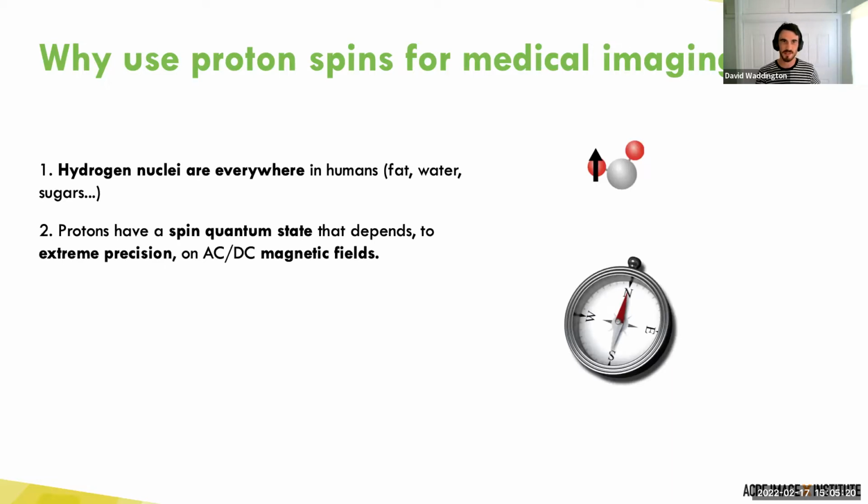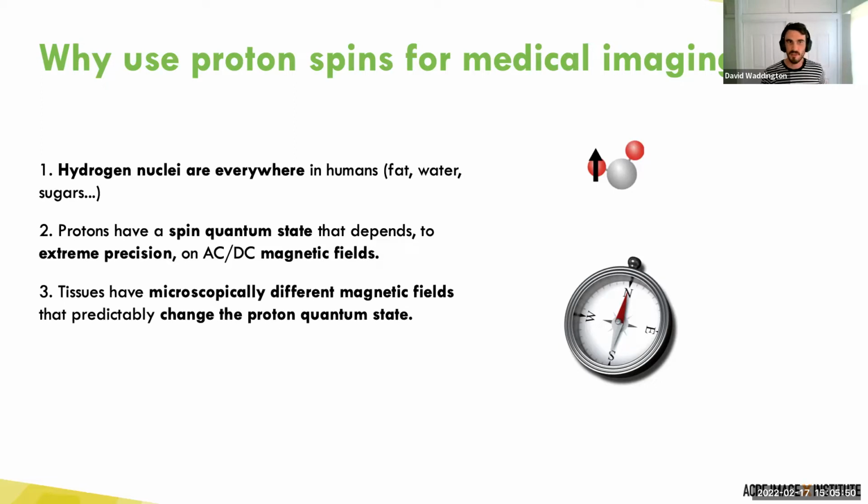Now the big thing is that they have what we're going to call a spin quantum state that depends to an extreme precision on whatever magnetic fields your body is exposed to. So for the purposes of this talk, I want you to think of all these nuclei as just little magnets that point in a certain direction and align to the magnetic field that they're exposed to.